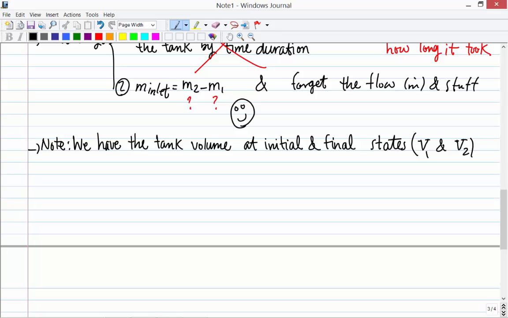And I know that M equals capital V divided by little v.